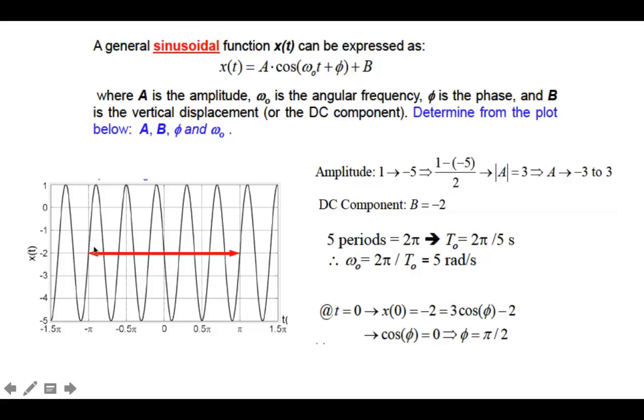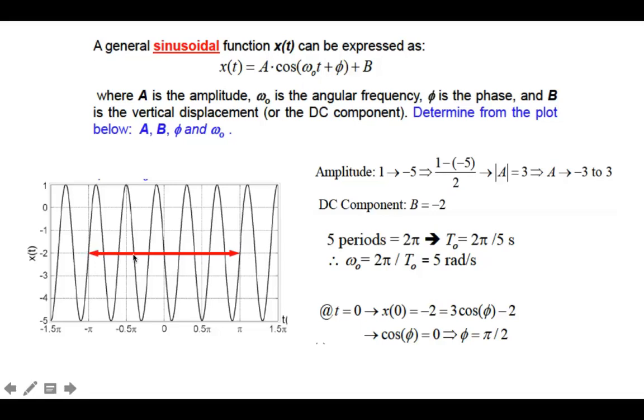Now, why would we go a full 5 periods? Well, in this graph, it's a little hard to read what the time is for one period. Because of that, we just keep going until we find a place where it crosses the vertical axis again, and in this case it does that again at pi.